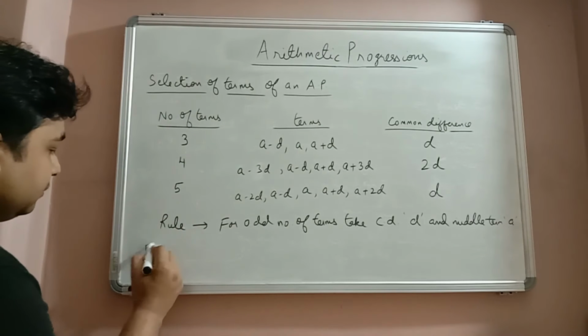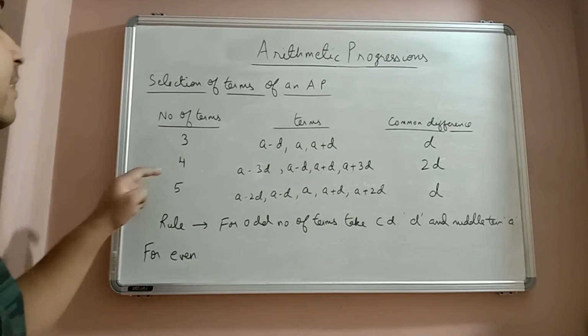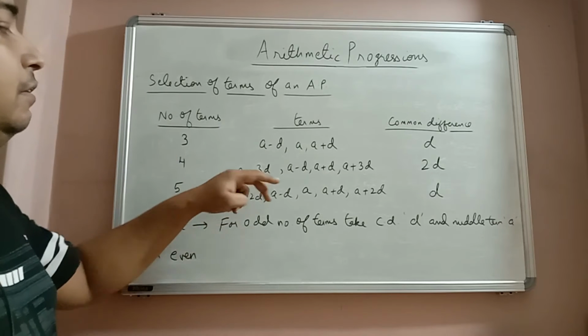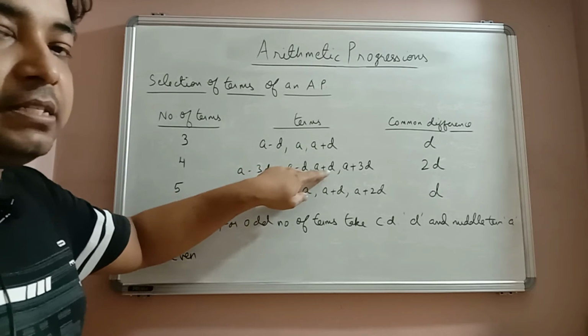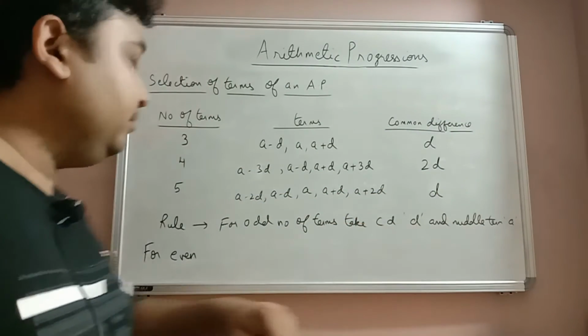Now for even number of terms, as you have seen in the case of 4 terms, we will take the middle terms as a minus d and a plus d and the common difference as 2d.